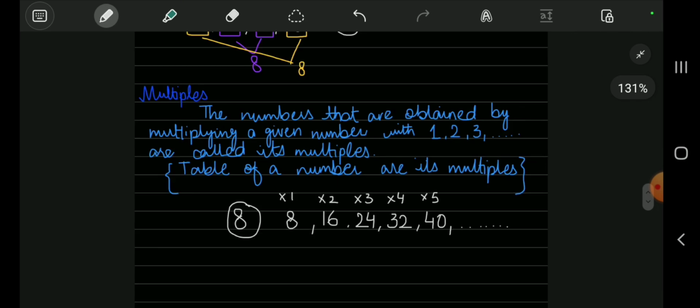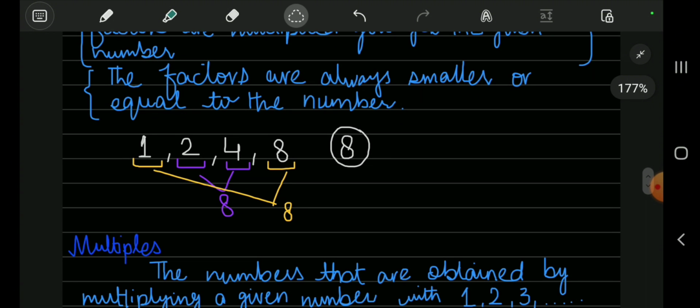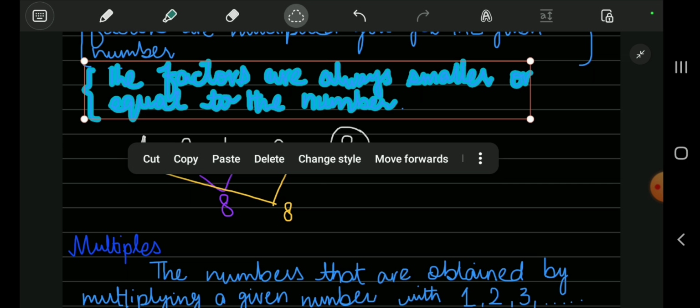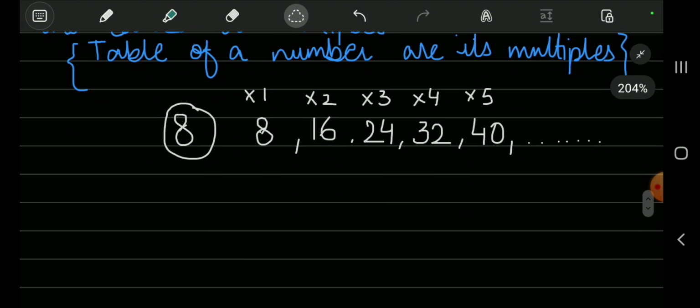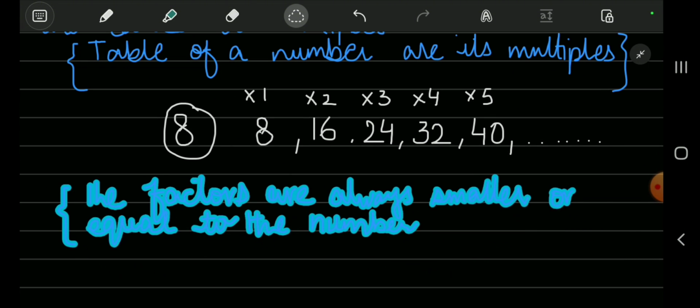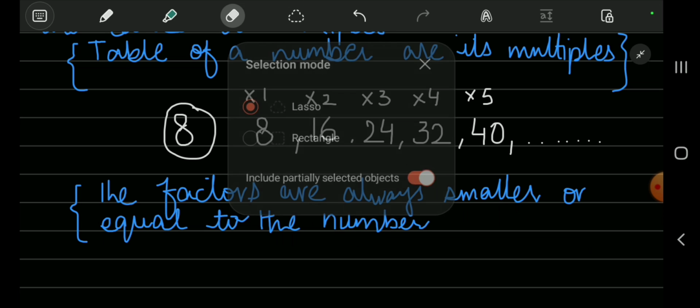One more thing, like we wrote in this form, the definition: the factors are always smaller than or equal to the number. So a multiple would always be bigger than or equal to the number.